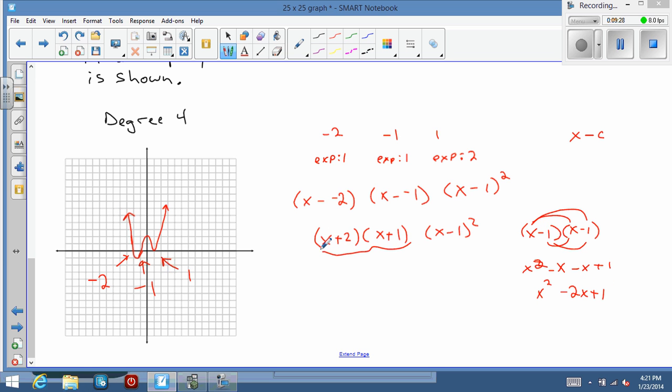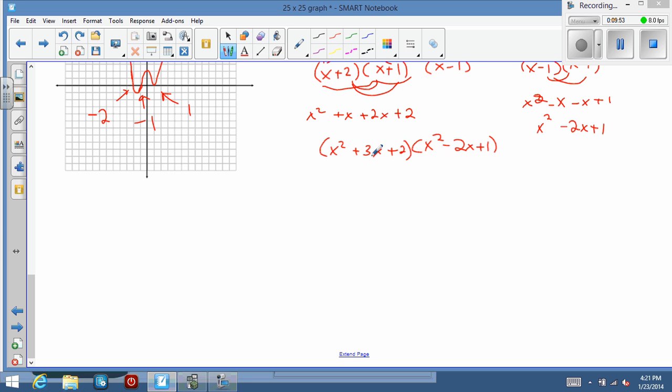When I multiply these two together, I get x squared plus x plus 2x plus 2. And I get x squared plus 3x plus 2. So now I need to multiply these two together.